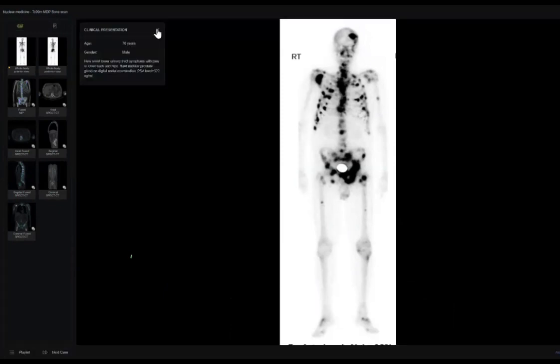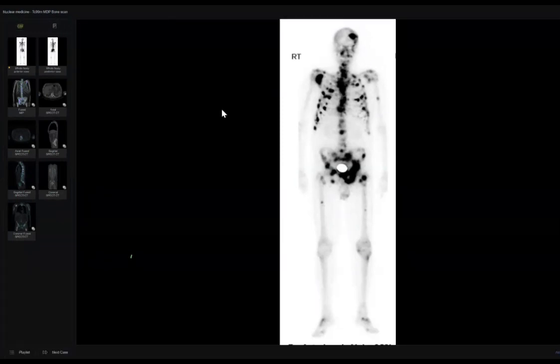Doctor, this is a 70-year-old male patient who underwent this nuclear study. I am presented with an MDP bone scan, static image, of a 70-year-old male patient.